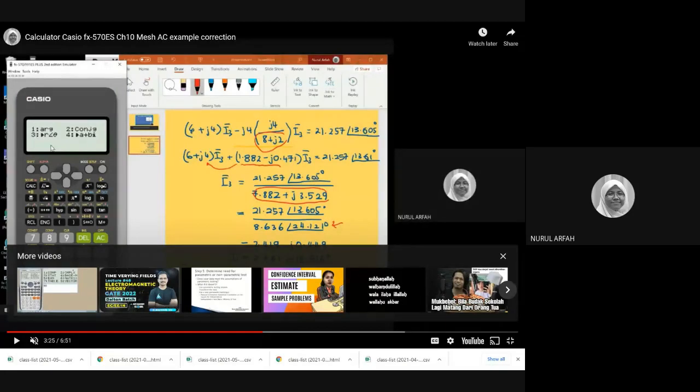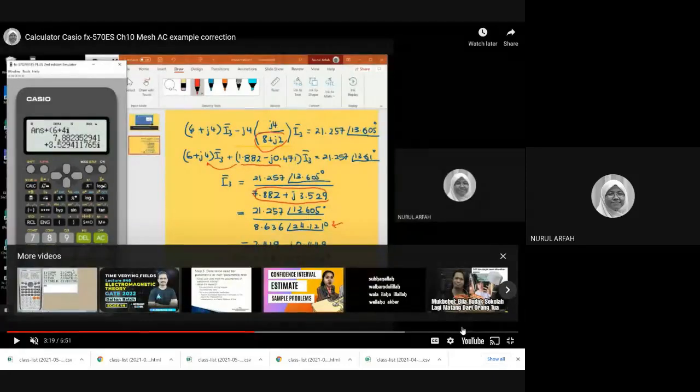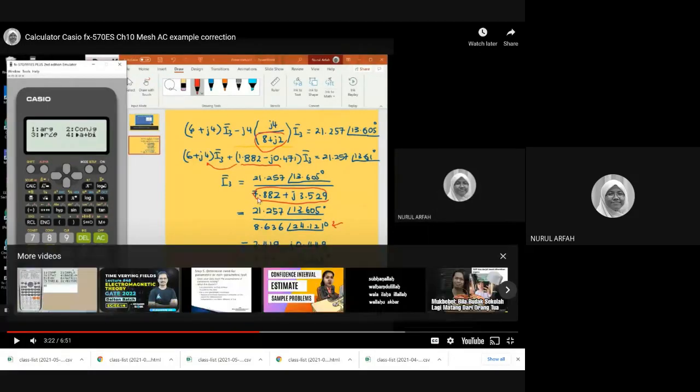You choose 3. But to choose that, wait. Where? Two is a complex form. Oh, 2. Normal. And then you can choose the number for complex form.